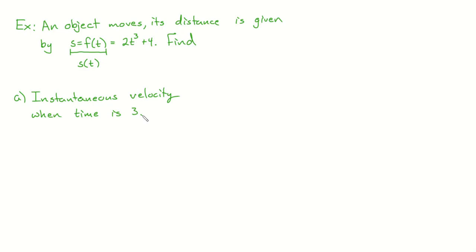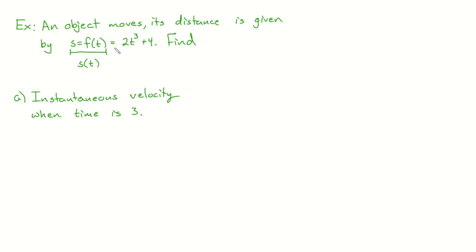Let's assume this is in meters and time is in seconds. I won't even write it. That's a standard unless we're told otherwise. Meters and seconds. So here we go.